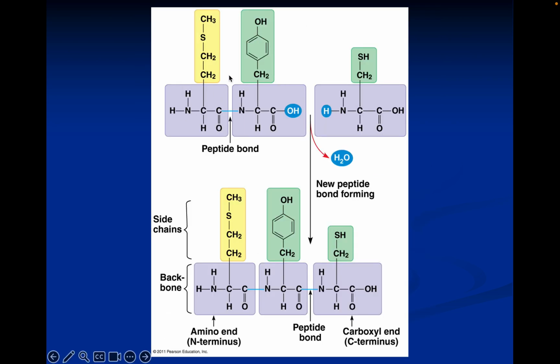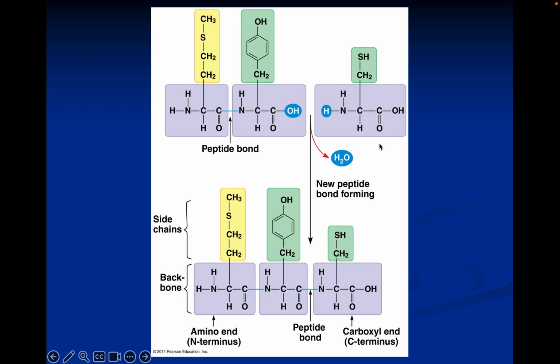Good, okay. So 2 amino acids are held together by a peptide bond. That bond is formed by dehydration synthesis, so there's our water leaving, and that's going to let this carbon connect to the neighboring nitrogen here and form a peptide bond.